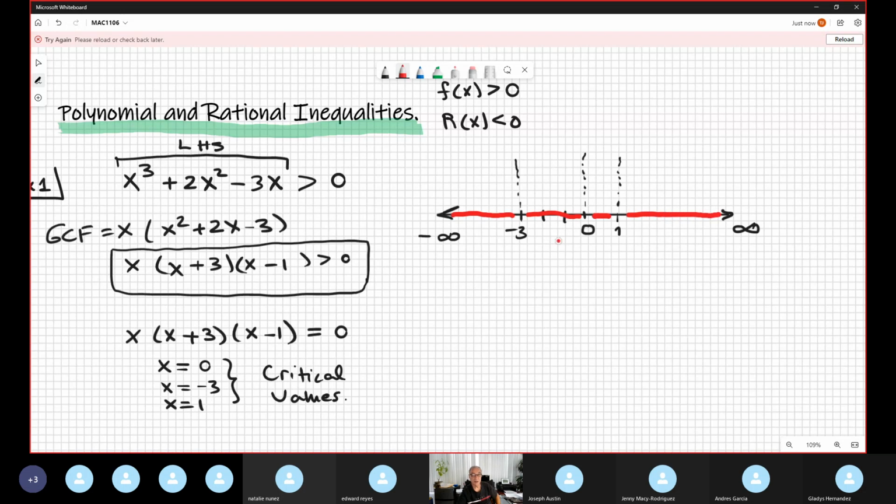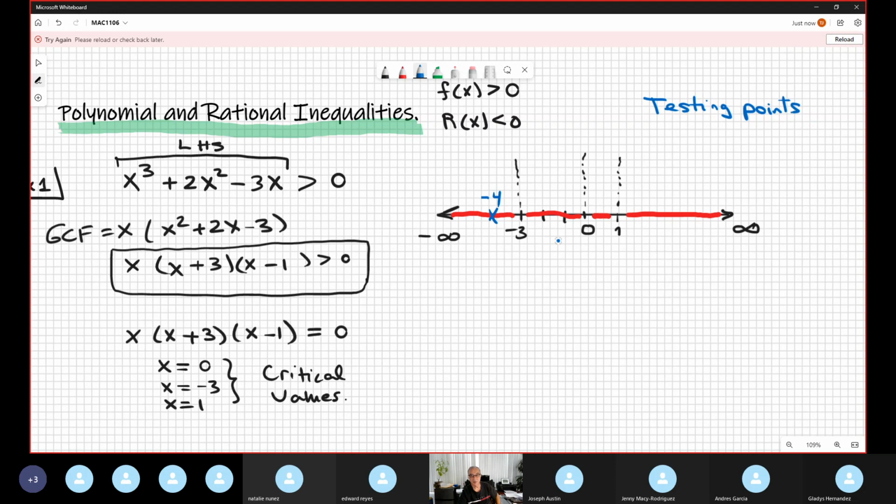And you pick a totally, completely arbitrary testing point inside each interval. For example, you pick -4, or another student picks -5, -6, -100.